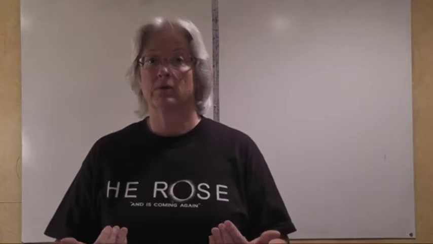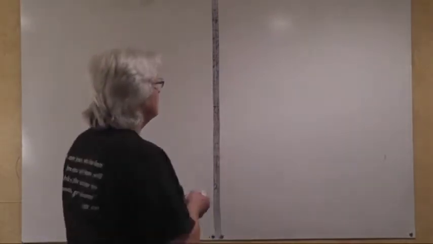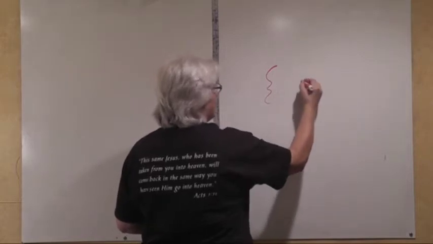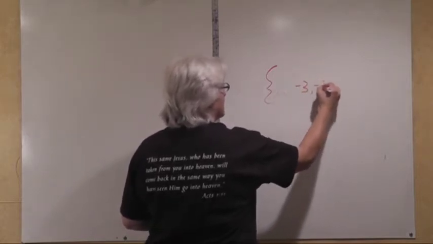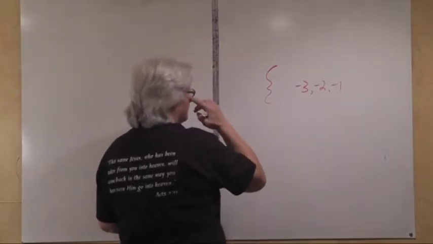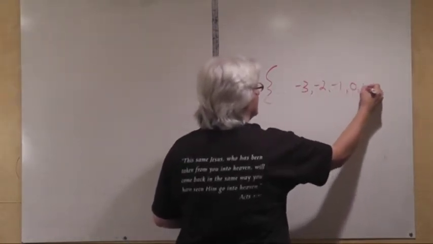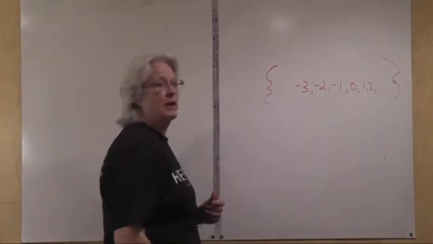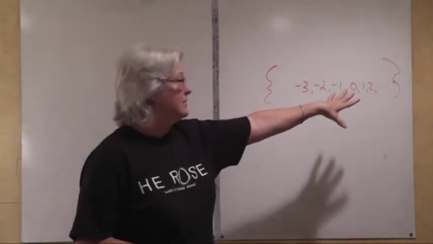So, as a review, what we have with integers are positive numbers, negative numbers, and they include 0, and they're whole numbers. It's not fractions, not decimals. The way you would describe the set of integers using set-builder notation is you have the ellipsis that says the pattern continues in the negative direction, then 0, 1, 2, and then the pattern continues on towards infinity in the positive direction.